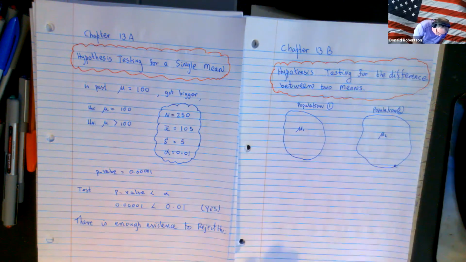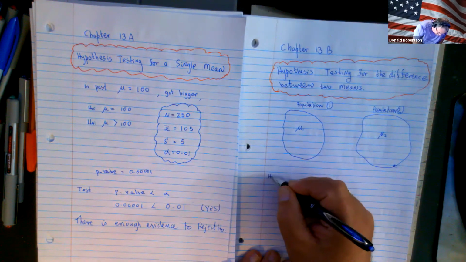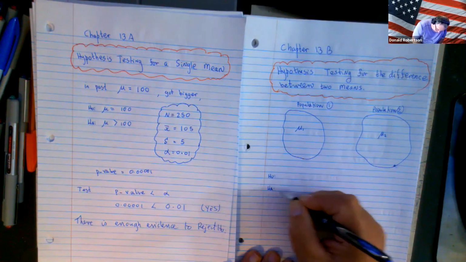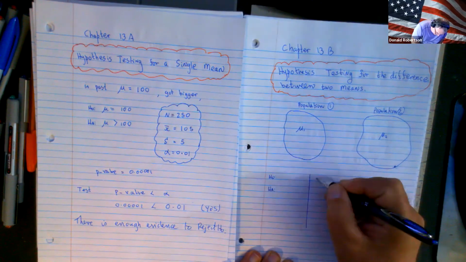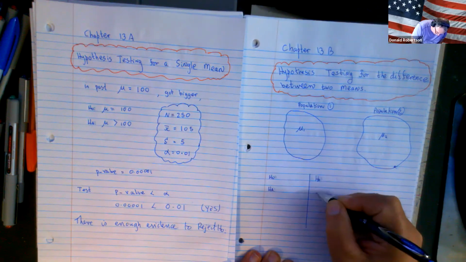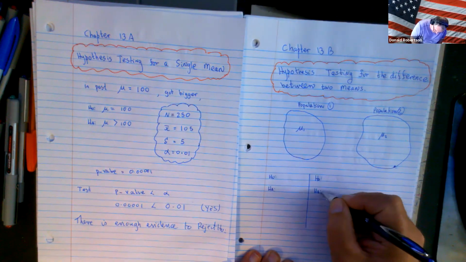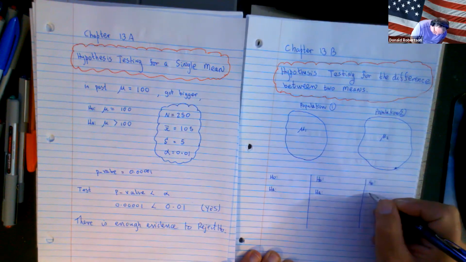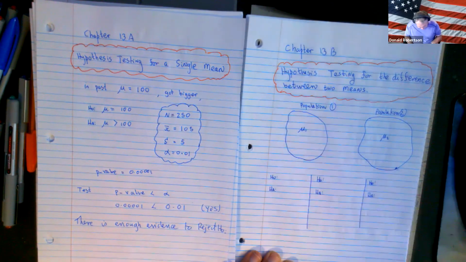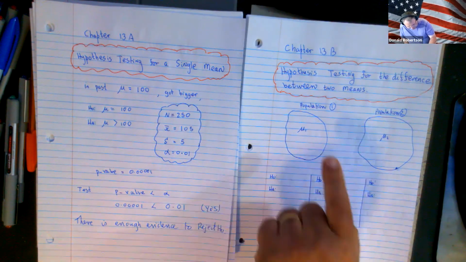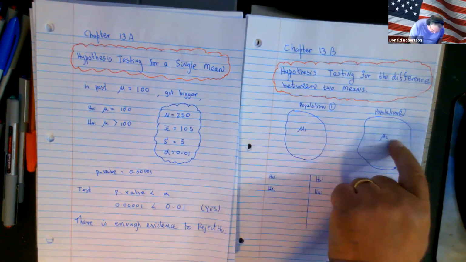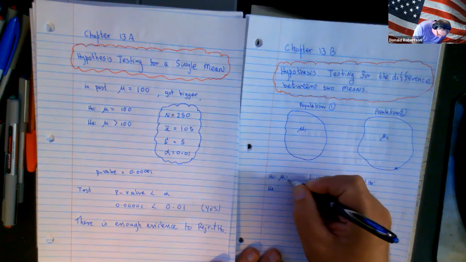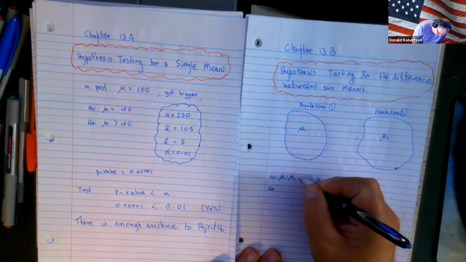Well, there are 3 versions of the hypothesis test, and each one depends on what evidence you think you're being given. So you've been given evidence that they're just different, that one is bigger than the other or one is smaller than the other.